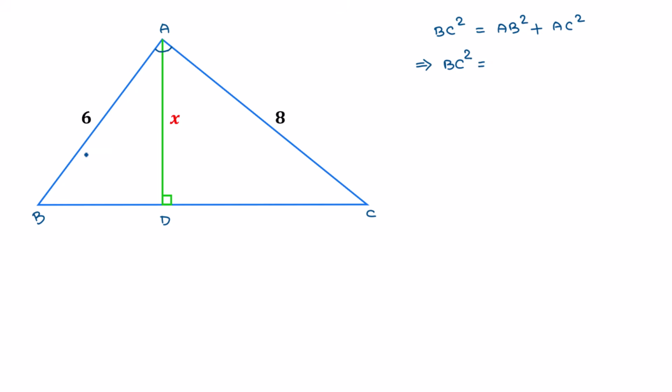The length of AB is 6 units, so 6 square, plus AC square. AC is 8 units, so 8 square.